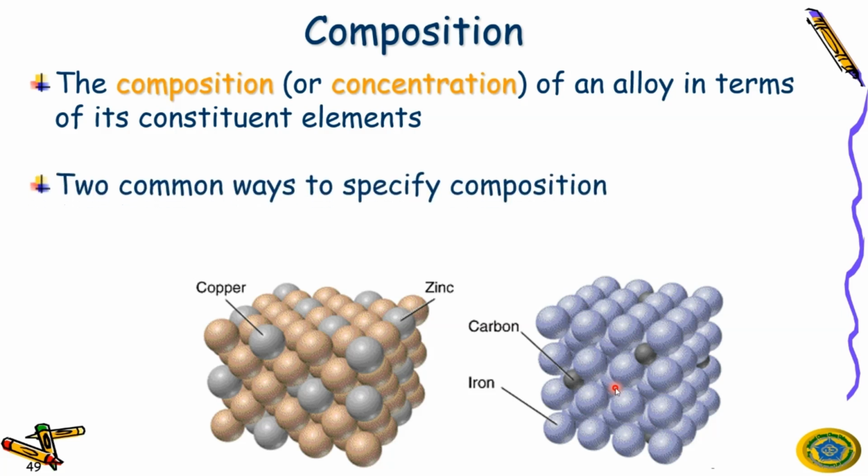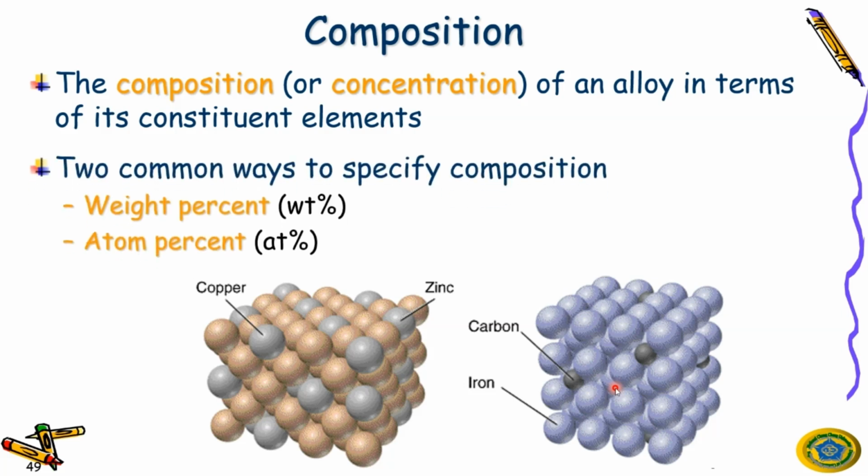There are two common ways to specify composition. The first is the weight percent. So you calculate the weight percent of the copper in the zinc, or you calculate the atomic percentage. Atomic percent is the number of atoms of the copper in the zinc.